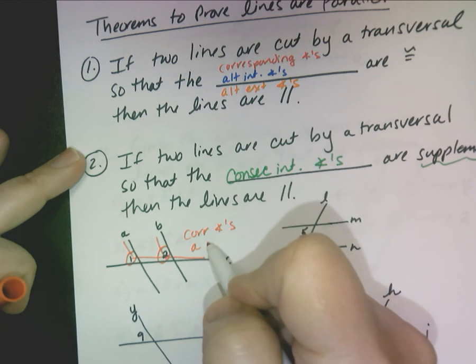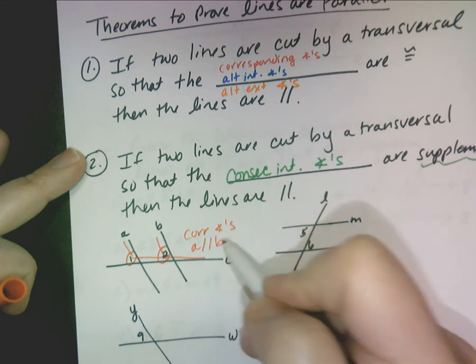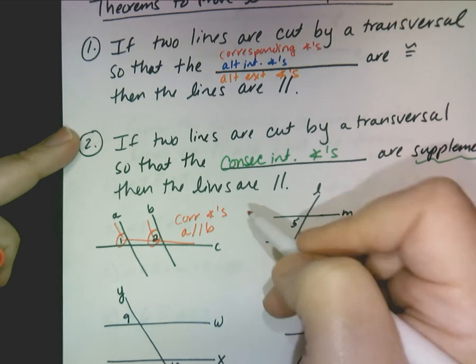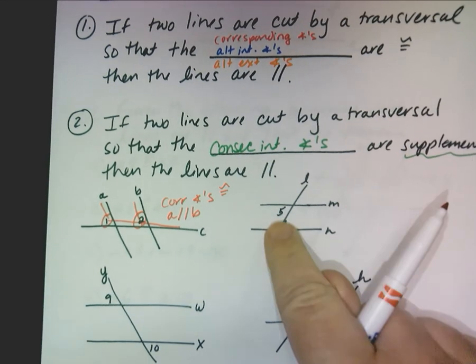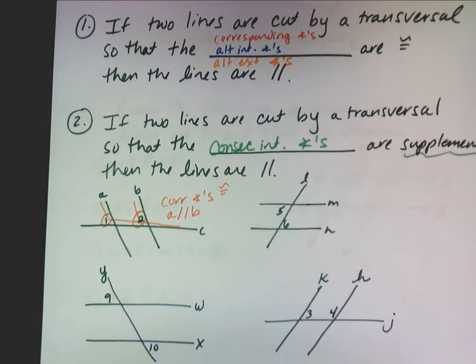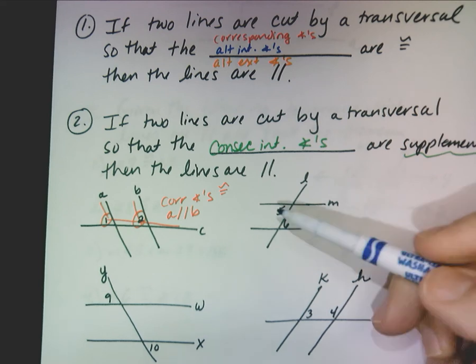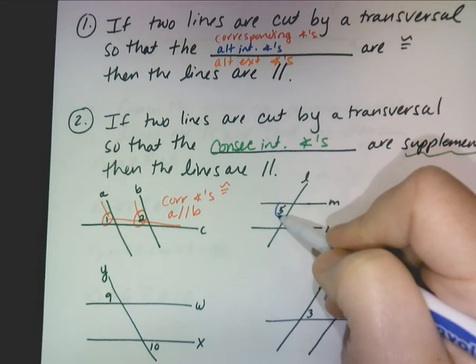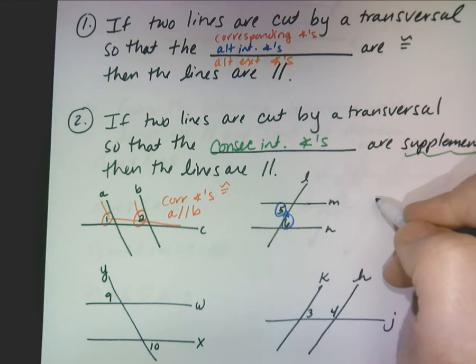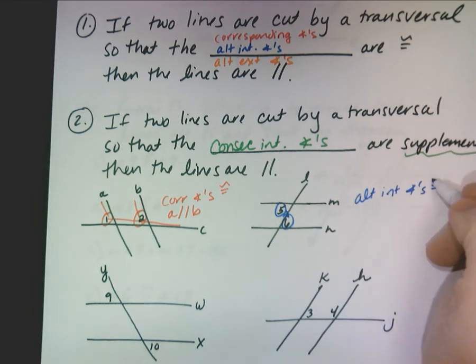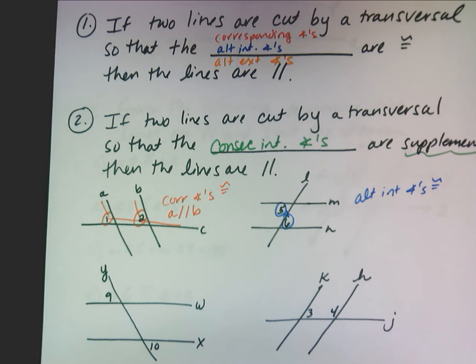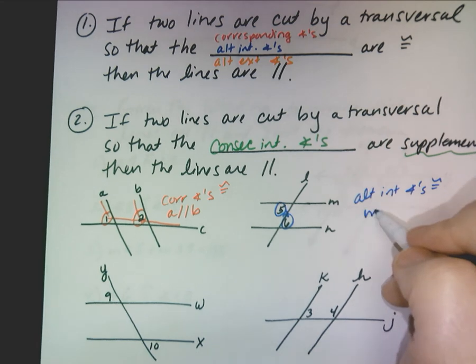Then line A and line B are parallel because the corresponding angles are congruent. Let's look at this one, 5 and 6. Those look like they're alternating and they're on the interior. So these are alternate interior angles that are congruent. Then which lines are parallel? M would be parallel to N.